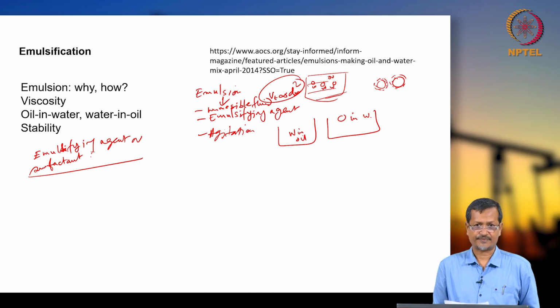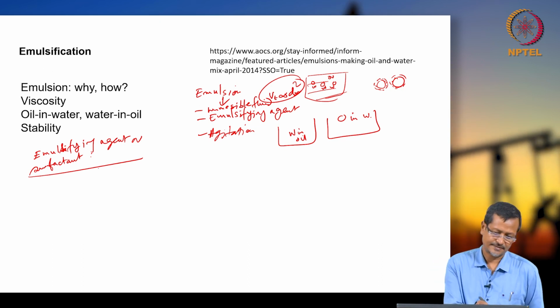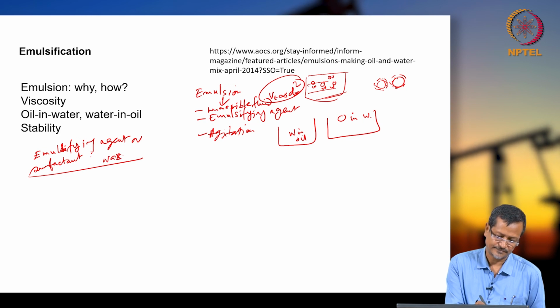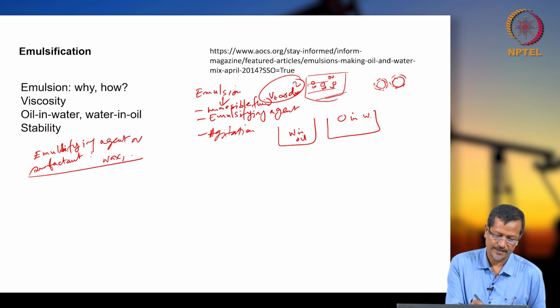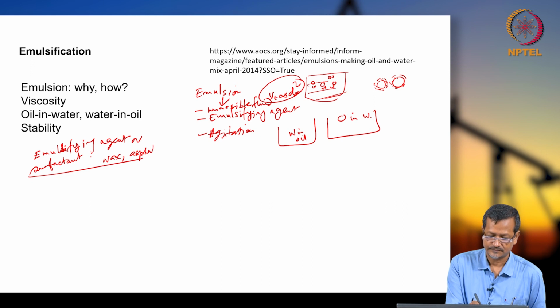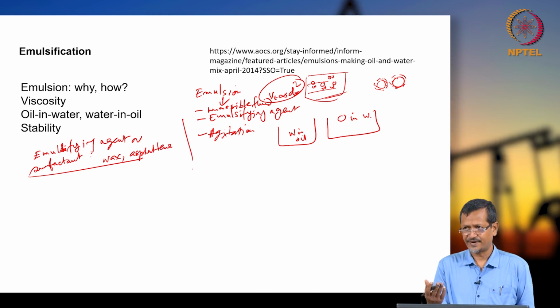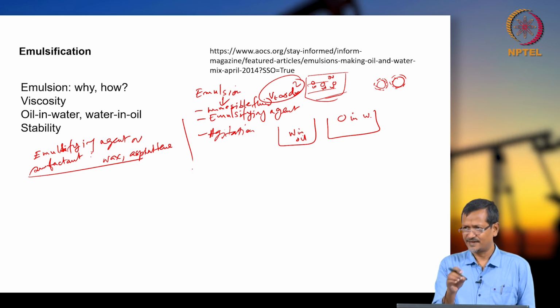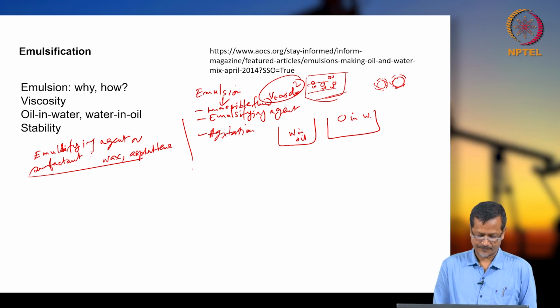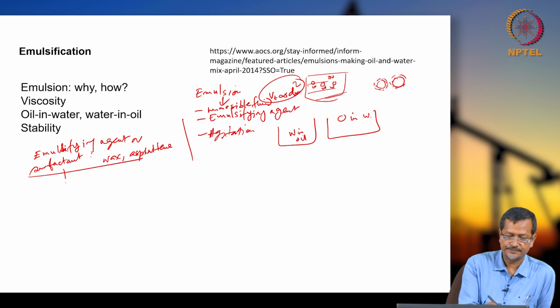So, what are the different surfactants? Surfactants like wax, it is there in the wellbore, asphaltene, okay, wax, asphaltene, these are emulsifying agents. Sometimes I ask in the exam, give some examples, okay. So, what do they do?